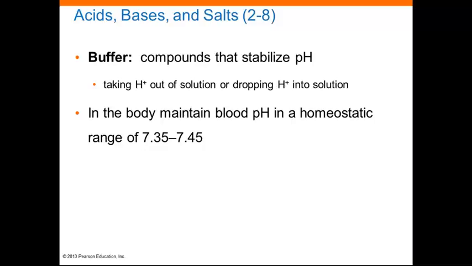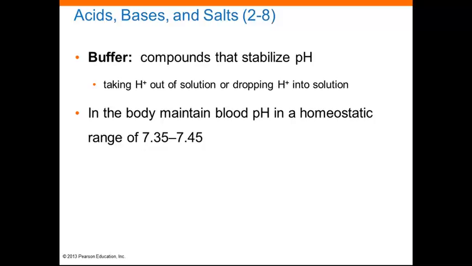Now, in the body, maintaining blood pH in a homeostatic range of 7.35 to 7.45 is essential. We can stabilize the pH by taking hydrogen ions out of solution or by adding hydrogen ions into solution as needed. That's what buffers do.